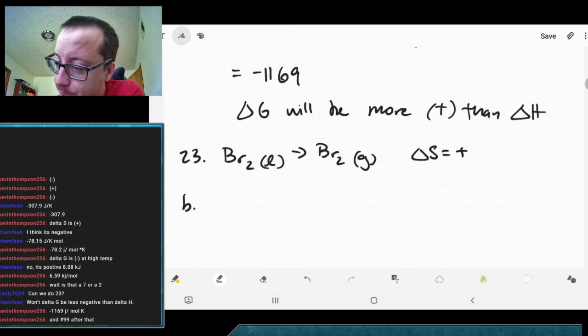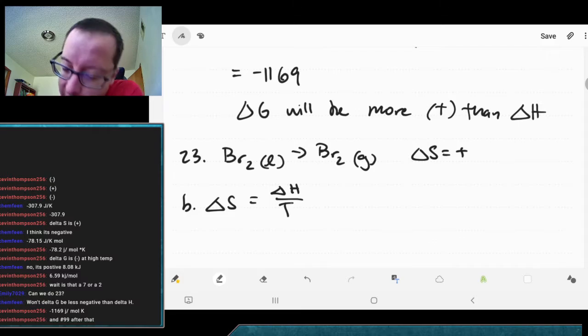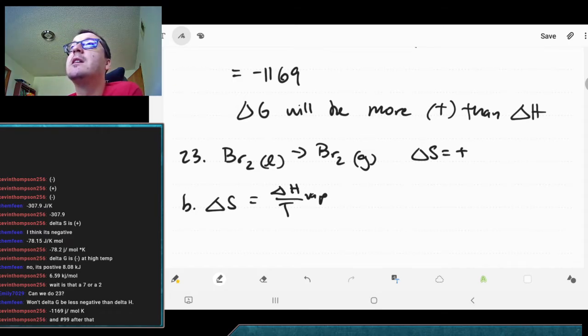If we look at B, we're going to want to remember way back a few days ago, where we saw that we could calculate delta S by looking at the heat of vaporization at the temperature. This is because we can assume that at the equilibrium of vaporizing we have a reversible reaction, which makes this possible.